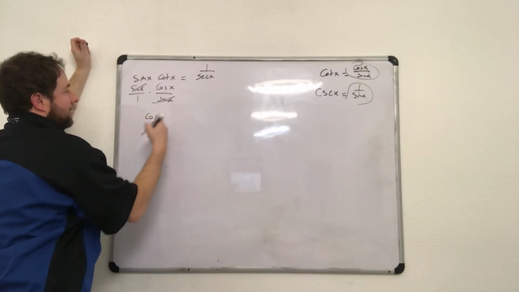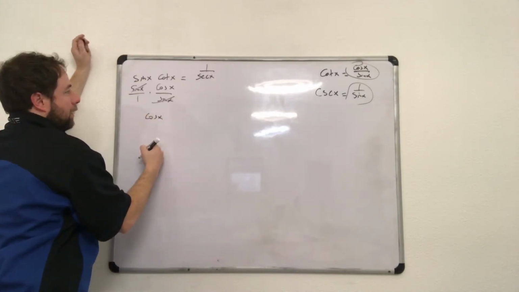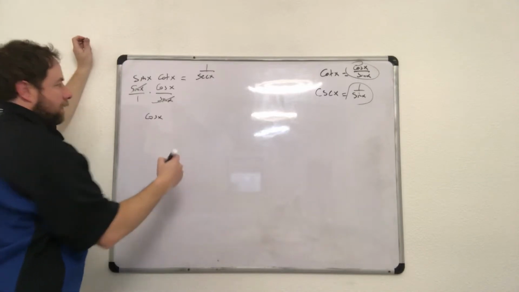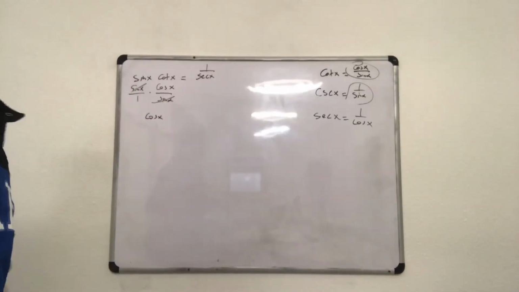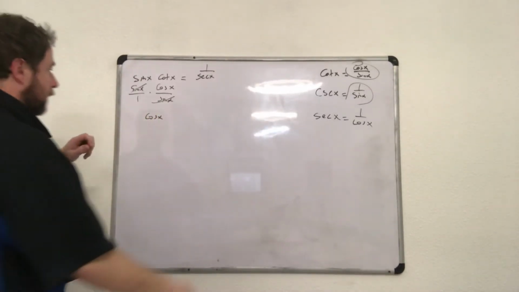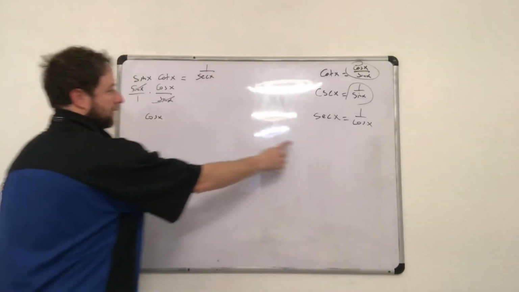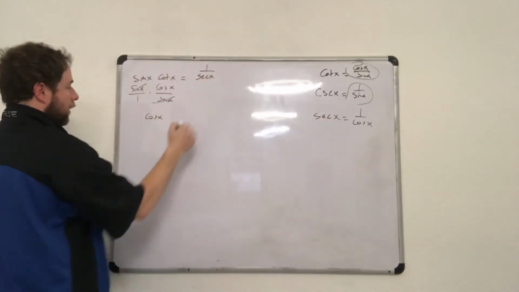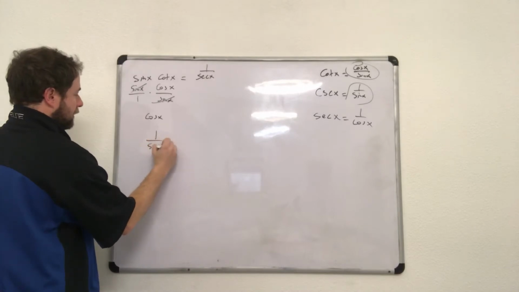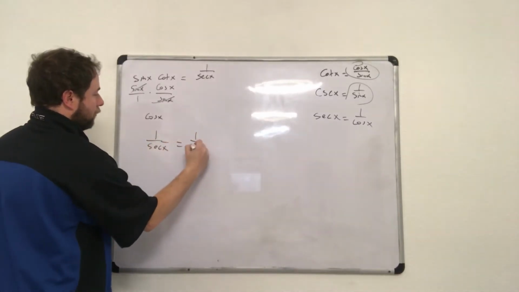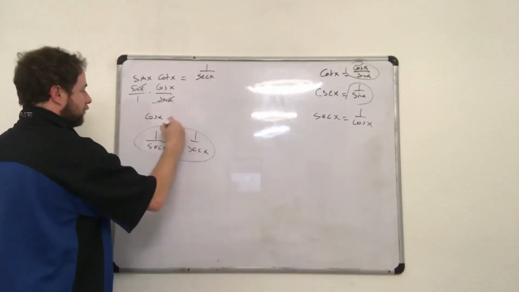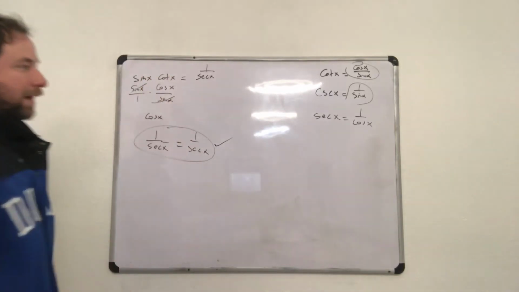Cosine x is the same. Went ahead and wrote that one over there. Cosine x is the same as 1 over secant x. Those check out. We just proved that one there.